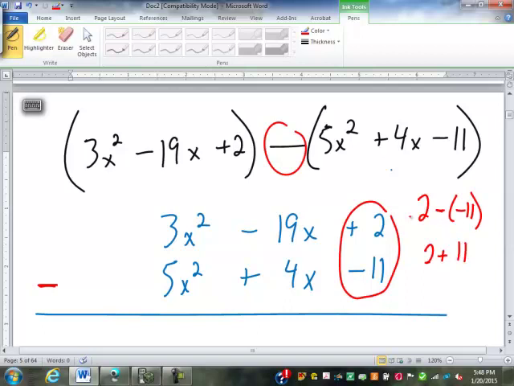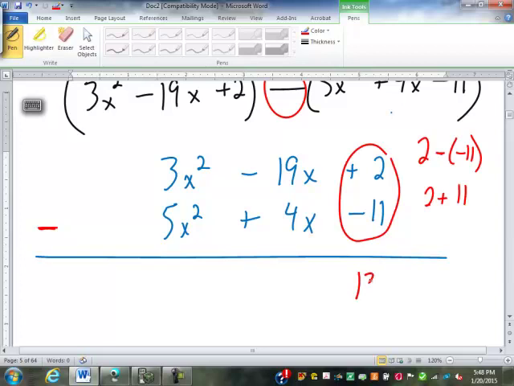So 2 plus 11 is positive 13. Now we have negative 19 minus 4. We're going to change that to negative 19 plus a negative 4, which is negative 23. And of course, there's an x there. 3 minus 5, negative 2x squared.